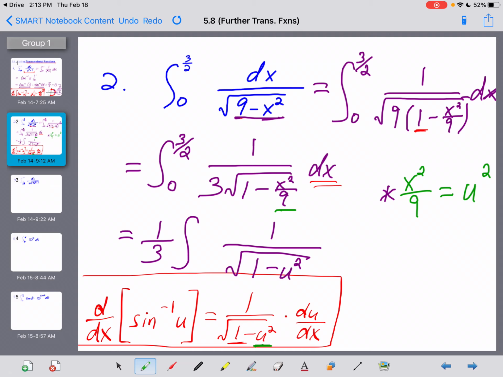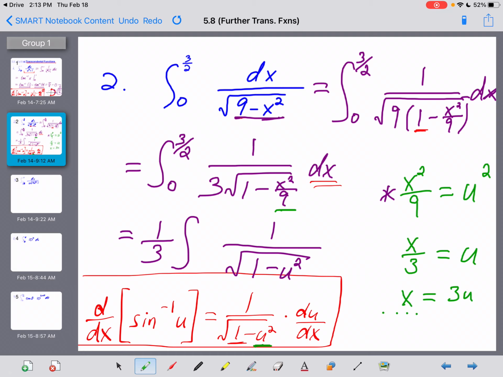So I'm simply going to take the square root of both sides of this green equation. The square root of the left is going to give me x over 3. The square root of the right is going to give me u. Okay, what am I doing next? I'm going to multiply both sides by 3 and get x is equal to 3u.